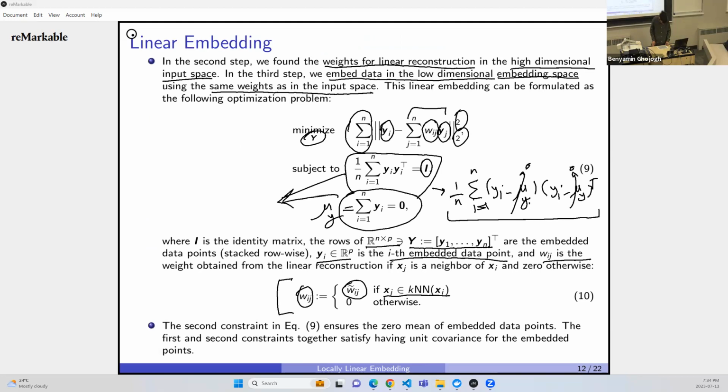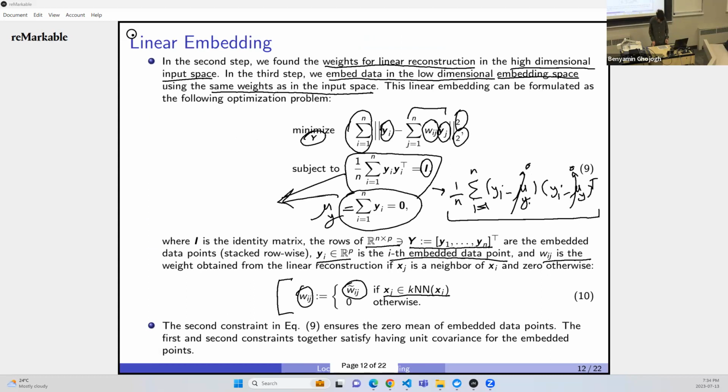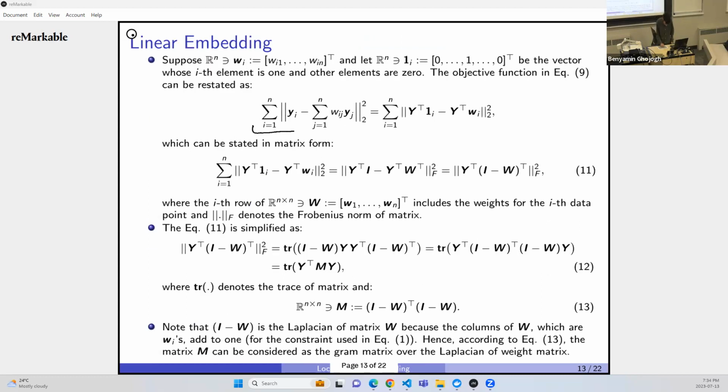Okay. What did we have here? Yes, okay. Now let's write the cost function in a matrix form or vector form. How can we do that? So if I define vector 1i, which is an n-dimensional vector whose ith element is 1 and all other elements are 0.